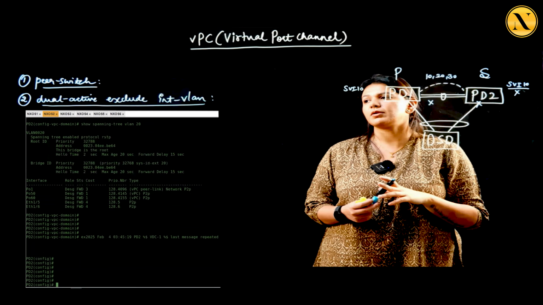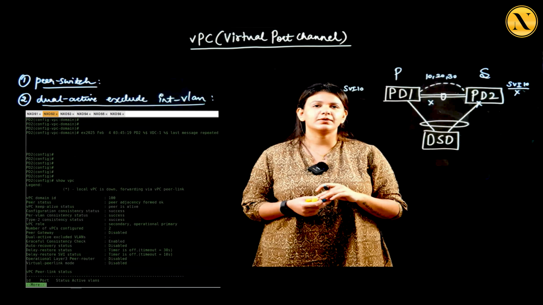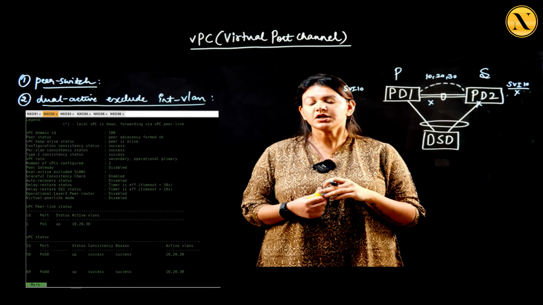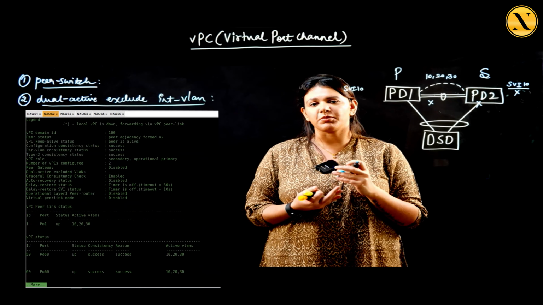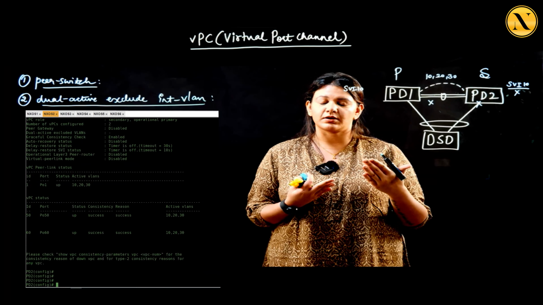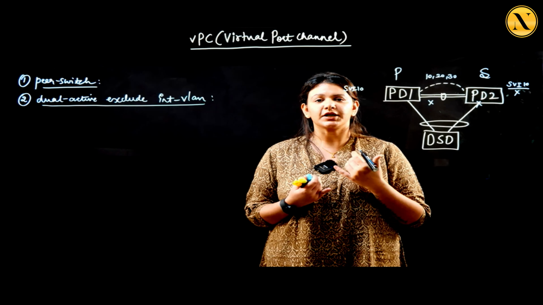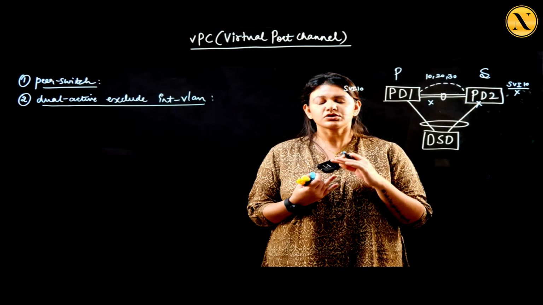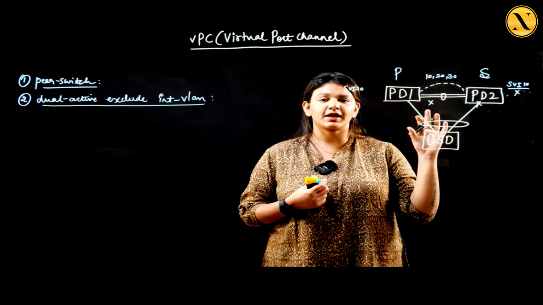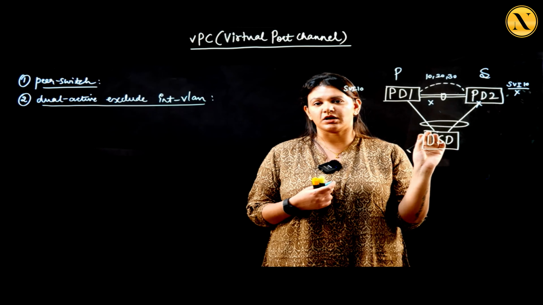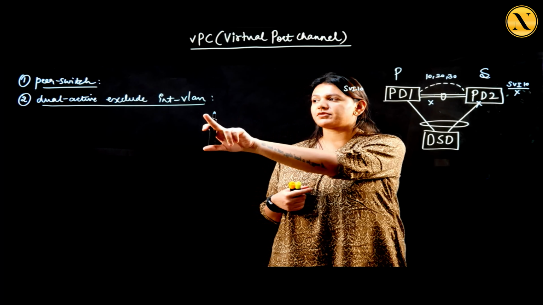In order to exclude these SVIs from being suspended, because you could be using SVIs for something important, probably as a default gateway for inter-segment communication, or for some layer 3 peering or anything, you can always give this particular command.